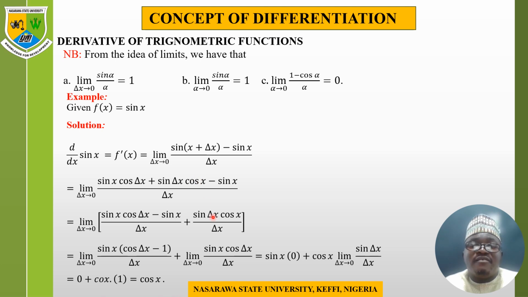Then the next step, we factor out sine x because it's common here. When you factor out sine x, remember cos x of the increment of x, minus 1 here. Then now plus this one here, sine x cos x divided by the increment of x.